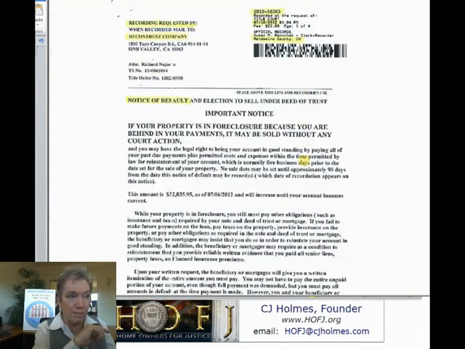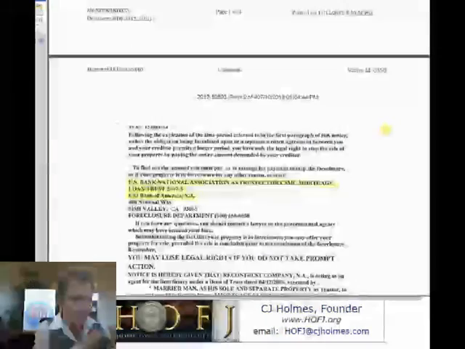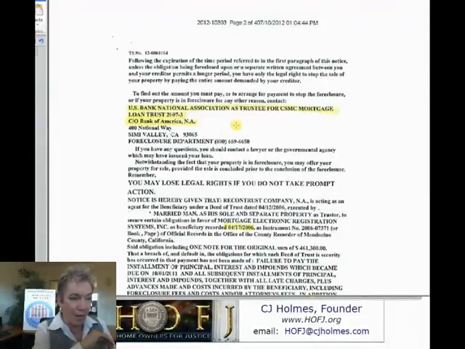Then they have a notice of default, again required by or asked for by Recon Trust. And again, here's the date and number. And then you'll note that if you have any questions about it, contact U.S. Bank National Association as trustee, care of Bank of America. Now, I don't think that this owner has contacted U.S. Bank National Association as trustee to ask them about that assignment.